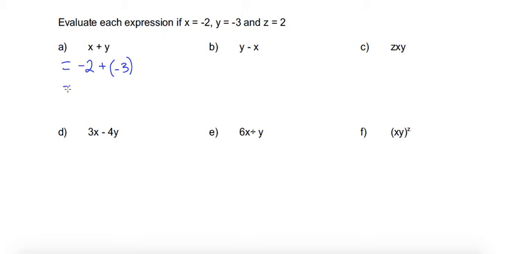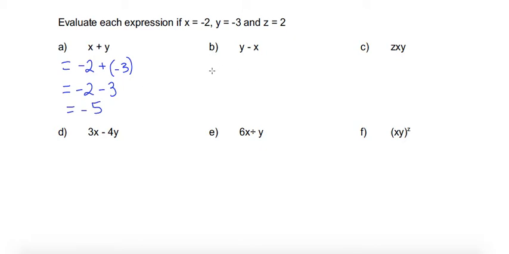And if you remember when we looked at integers in the last unit, if I have two operations or two signs right beside each other, where one is inside of a bracket and the other is outside of the bracket, I want to think about how I can simplify those operations. So this becomes, because I have a plus sign and a negative sign, it becomes a negative 3. So I have negative 2 take away 3, which gives us negative 5 as my final answer.